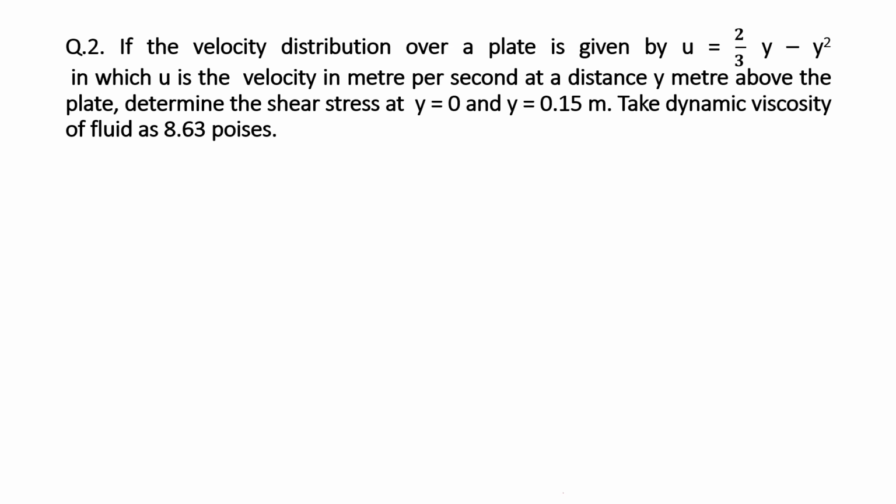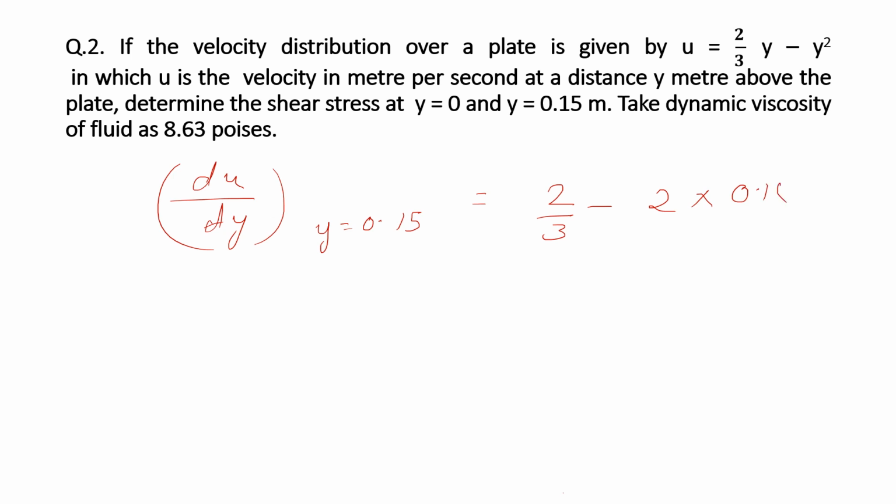Now we will find du over dy at y is equal to 0.15 meters. So which will be, we will get here 0.367, and the value of mu is given as 8.63 poise.